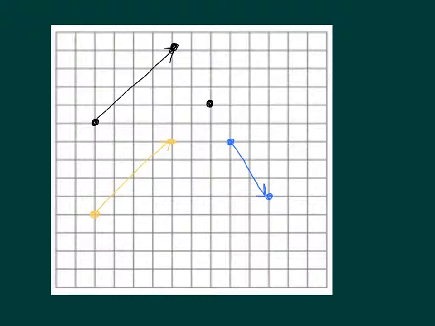So I start the second vector right here, going over 2 and down 3. And simply connect these two. It's a terrible line. Now, the resultant vector in this case would be connecting these two starting and ending points.